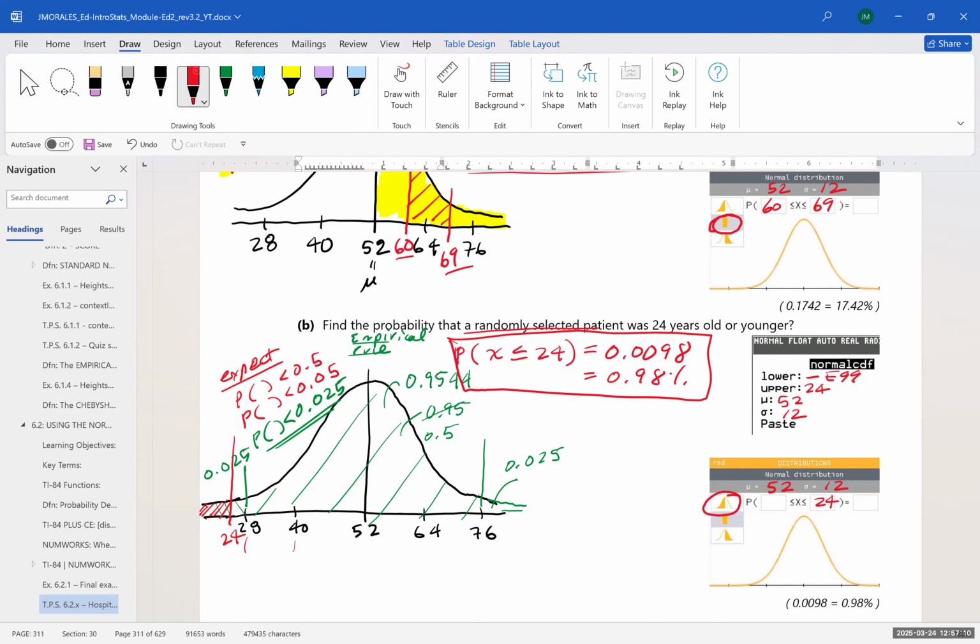So does this calculated result match our expectations? Well, I expected it to be less than 0.025. And this value is less than 0.025. So my answer really does fit my expectations.